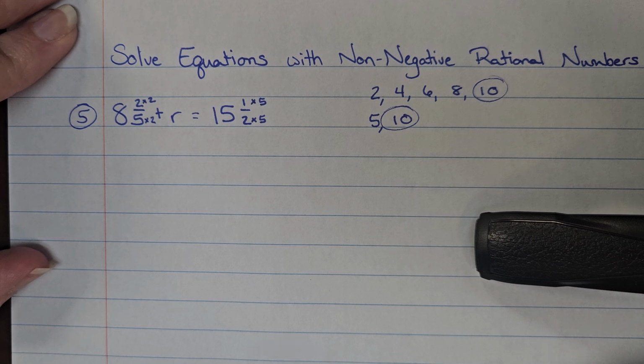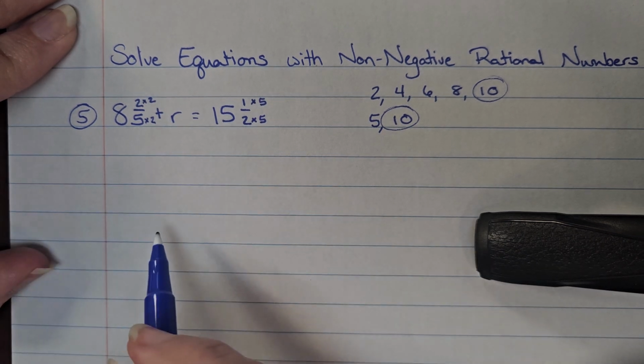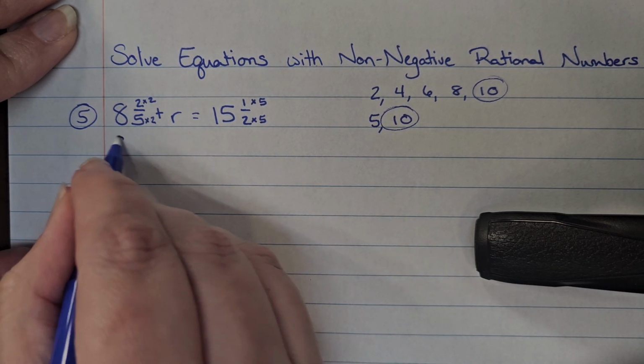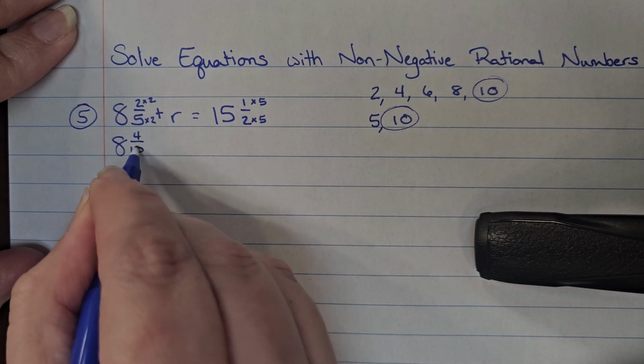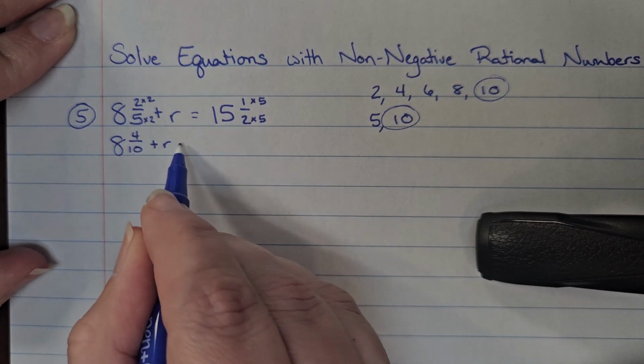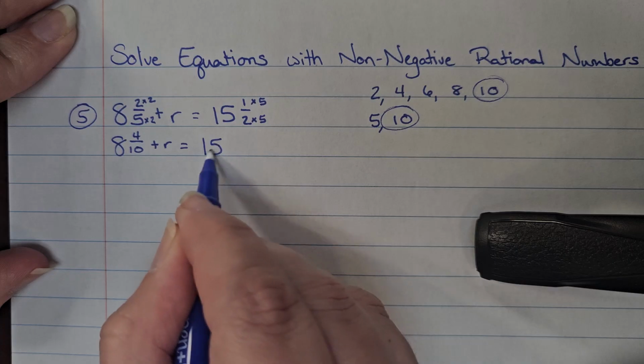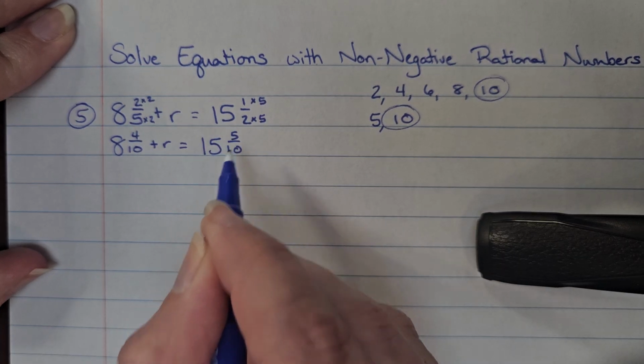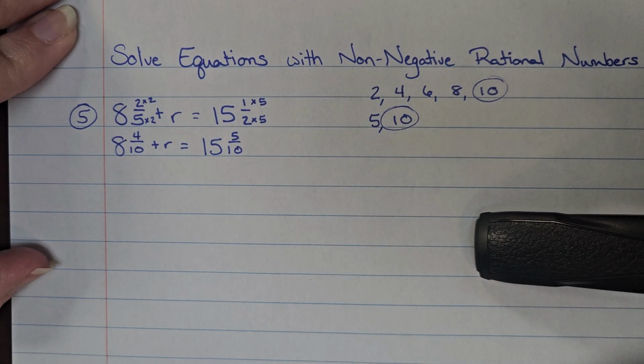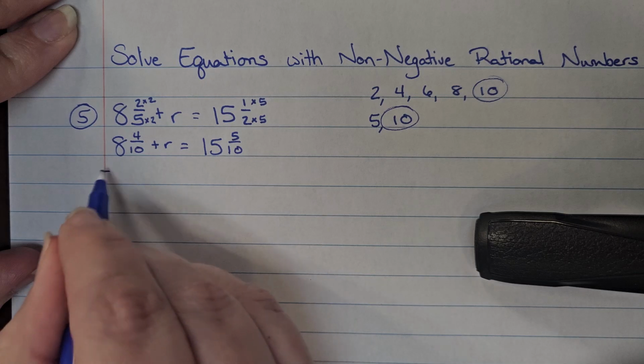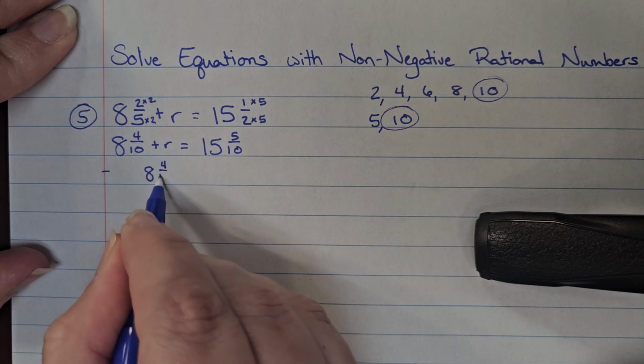So now the problem is, let me rewrite it, 8 4/10 plus r equals 15 5/10. I'm going to subtract 8 4/10 from both sides.